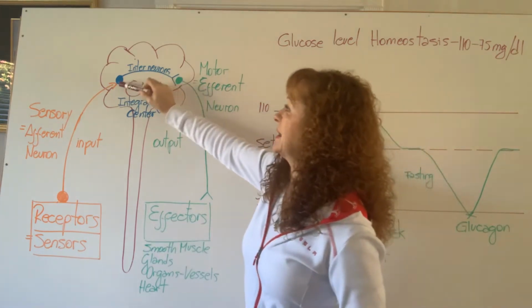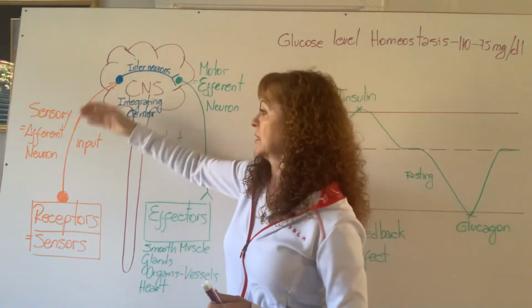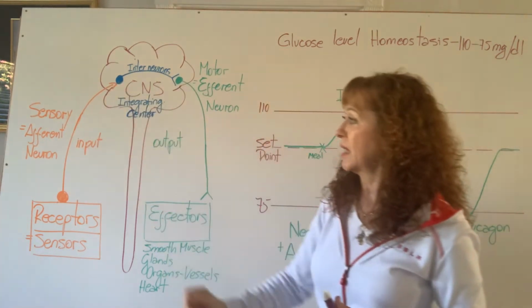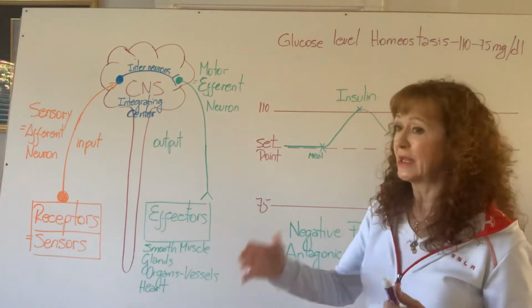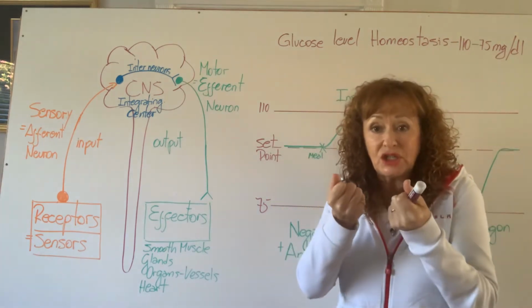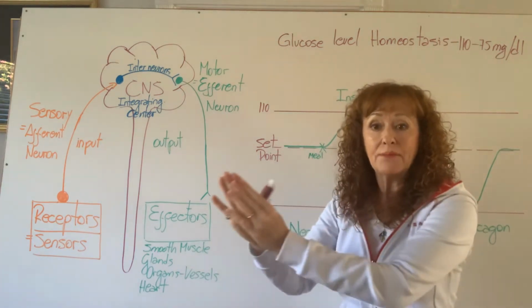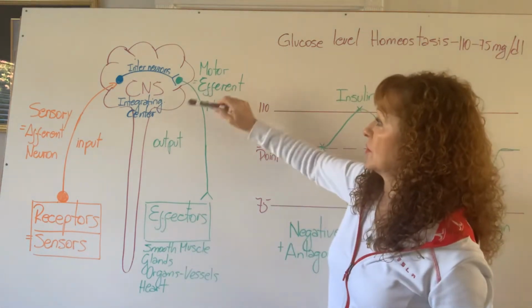These interneurons are the ones that capture the information coming from the afferent or sensory neuron and pass it to the next level, which is the motor effector.